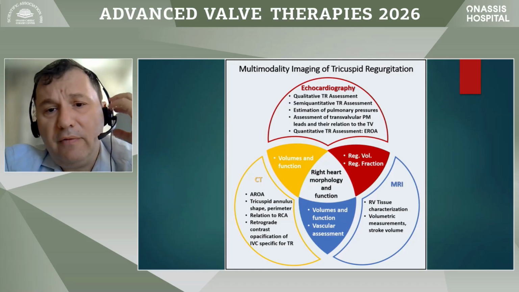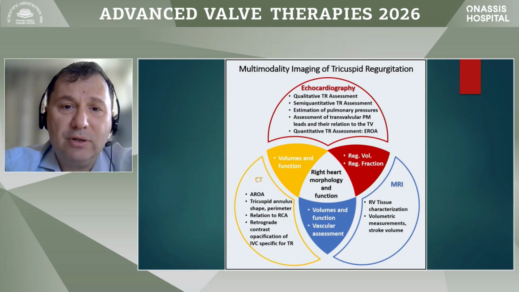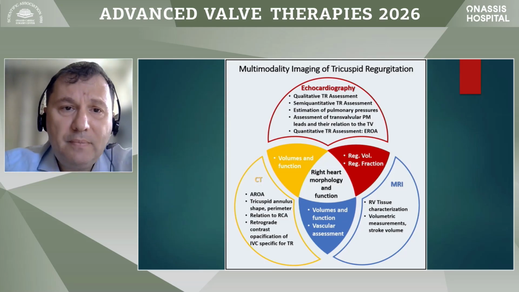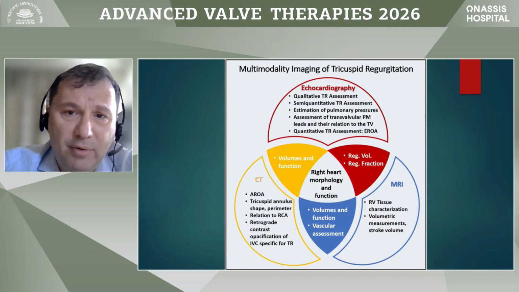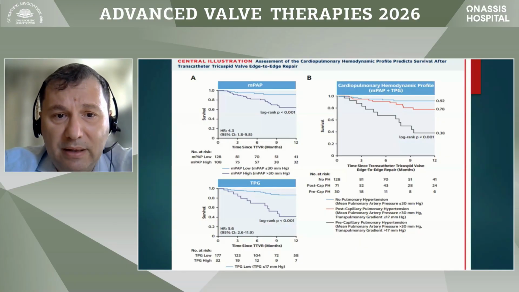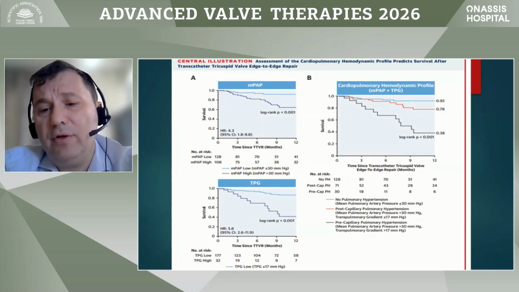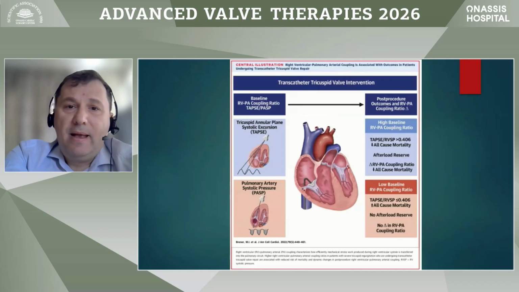There is a work from Germany about the hemodynamic profile, which predicts mortality after tricuspid valve repair. And they have shown that the elevated MPAP, the mean pressure, and the TPG, and the combination of both, carry a worse prognosis.